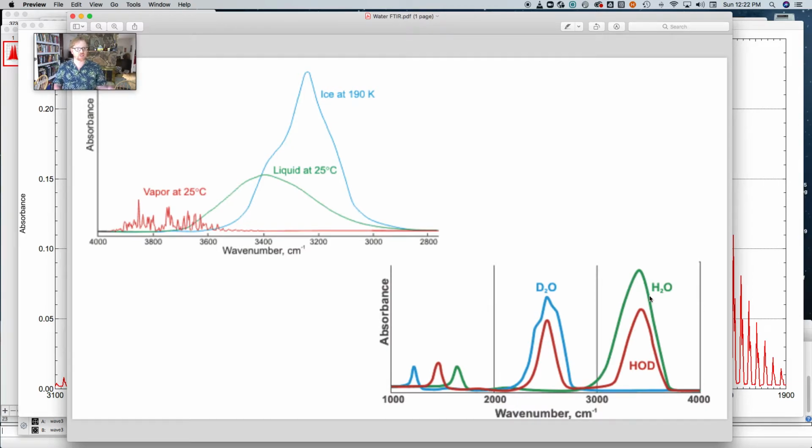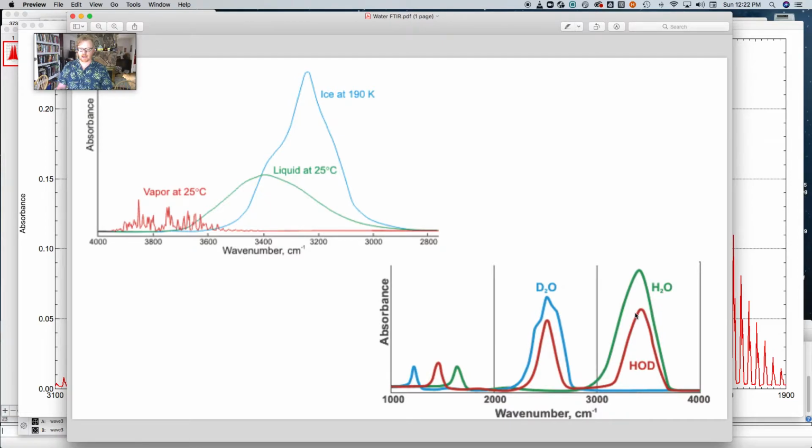And that's why I had you do that exercise for Spec 1, deconvoluting the symmetric and asymmetric stretches. Okay? That's why it's pretty wide. Well, if I replaced one of those H's with a D, the effect is that it's narrowed, but the energies are pretty similar.